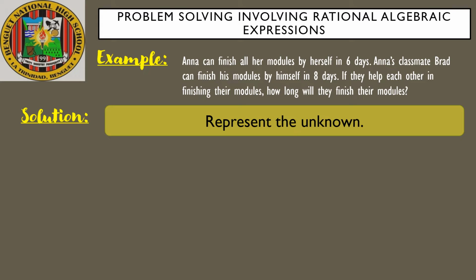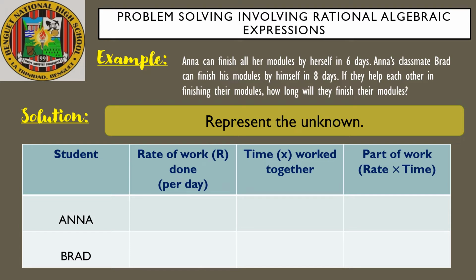Now that we know the rate of work done by Anna and Brad individually, we have to determine how much of the work they do when they do the work together. To help us organize our representations, we draw a table. In the first column, we identify the student doing the work, Anna and Brad.